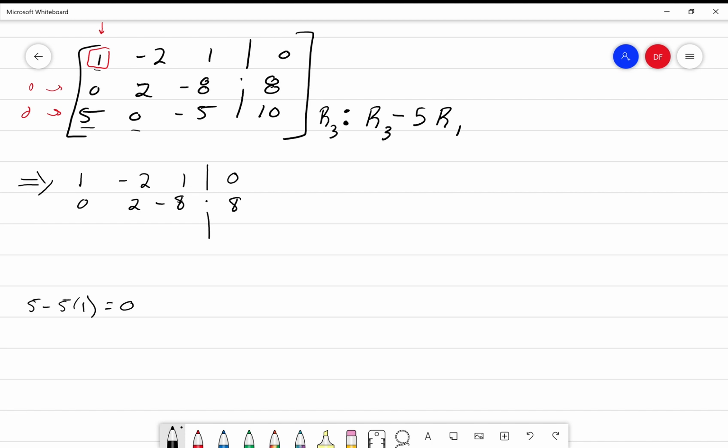And then I will do 0 minus 5 times negative 2, which is going to be 10. And then I'll do negative 5 minus 5 times 1, which is negative 10. Okay. So I have 0, 10, negative 10. And then I will do 10 minus 5 times 0, which is just 10. So here, for row 3, I have 0, 10, negative 10, 10.